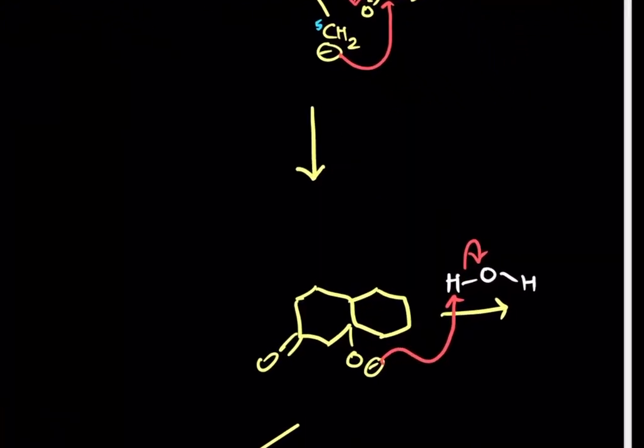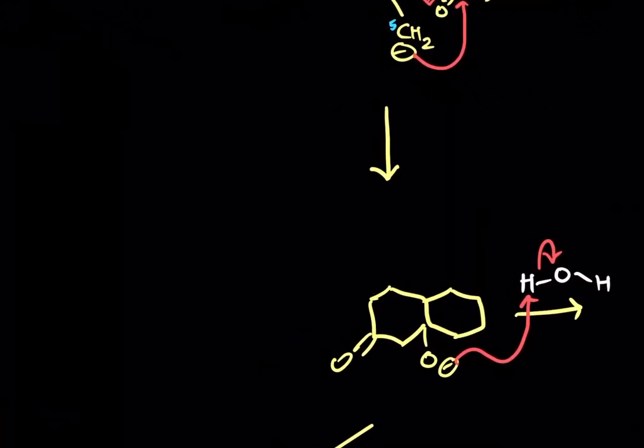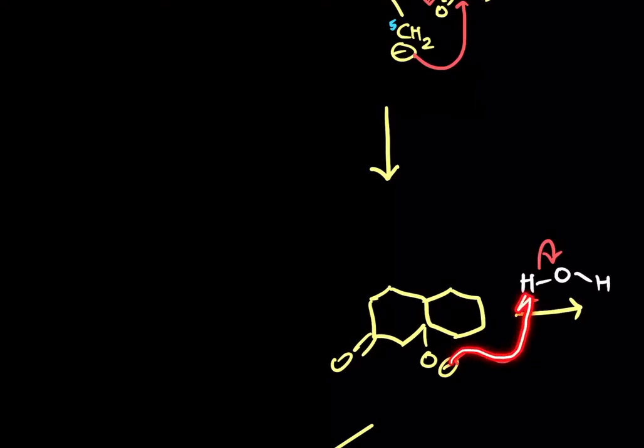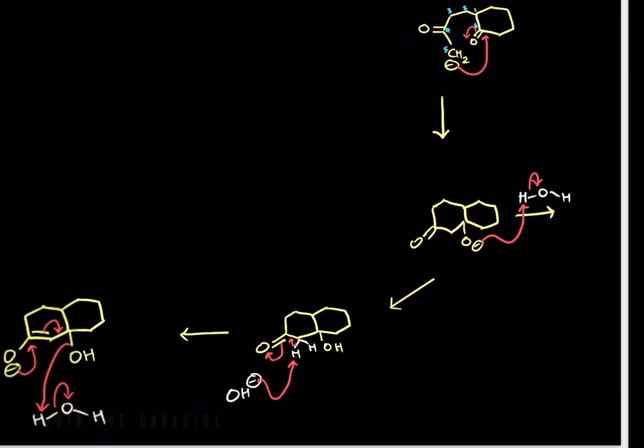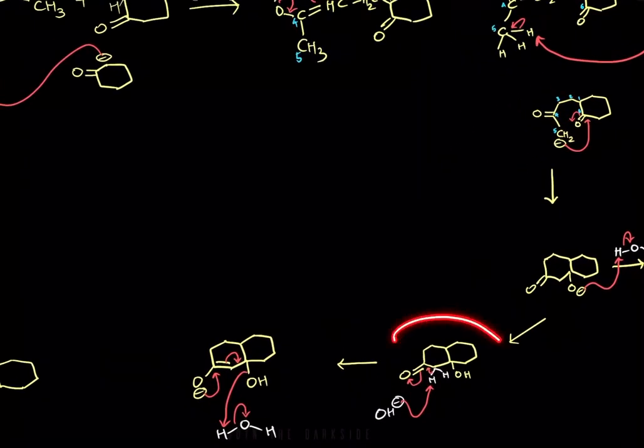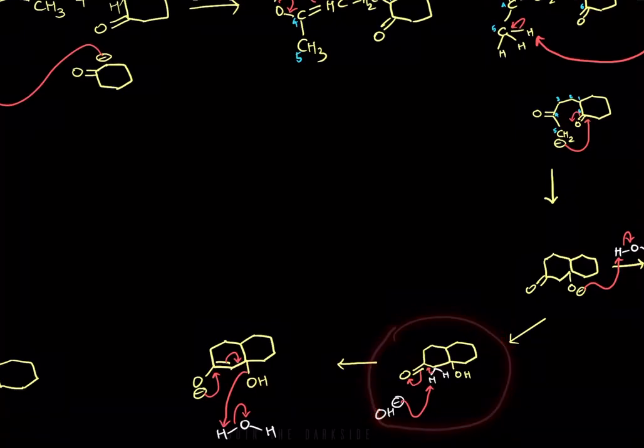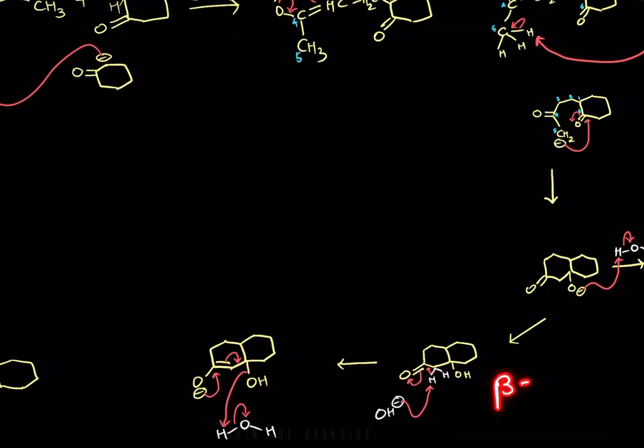The oxygen with its negative charge then attacks a water molecule and abstracts the hydrogen. Now here is the product of the aldol addition reaction, a beta-hydroxy aldehyde. That's the addition product in an aldol addition reaction.